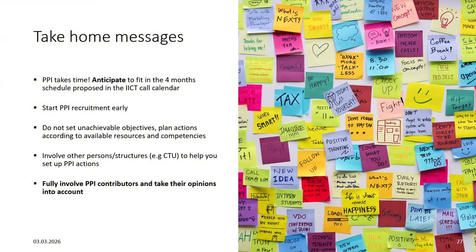So plan your actions according to your available resources and competences in your research team. Involve other persons or structures such as CRC or CTUs to help you really setting up those PPI actions. And last but not least, fully involve PPI contributors and take their opinions into account. And you will really see a difference.